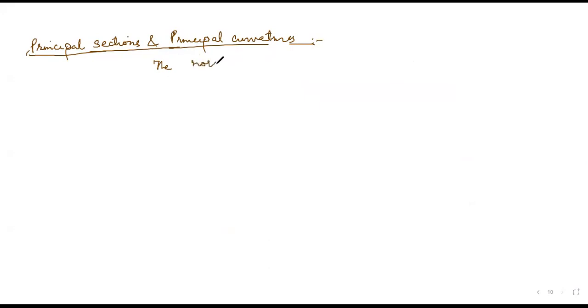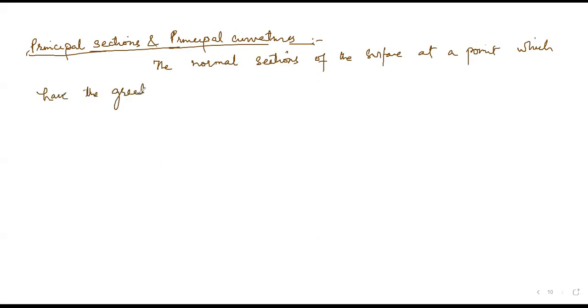The normal sections of the surface at a point which have the greatest and least curvature are called the principal sections.